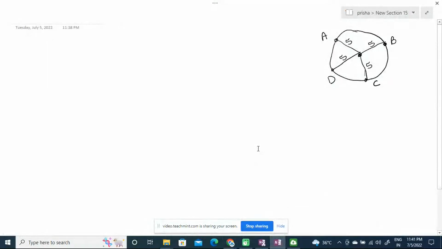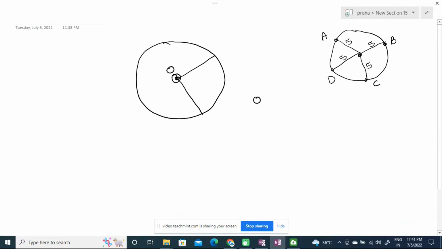Now I'm going to explain you. This is our circle, and that fixed point from where all the distances are same. This fixed point, let it be O. This fixed point is termed as center of the circle.